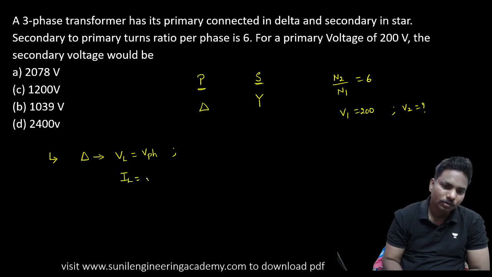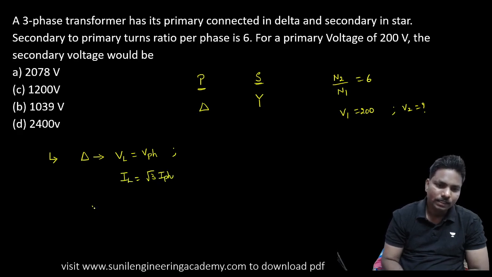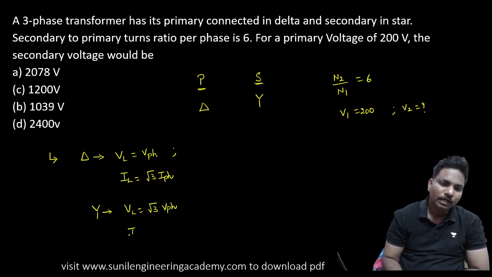Line current is equal to root 3 into phase current. In case of star connection, line voltage is root 3 times the phase voltage, and line current is equal to phase current. From this, phase voltage is 1 by root 3 times the line voltage.